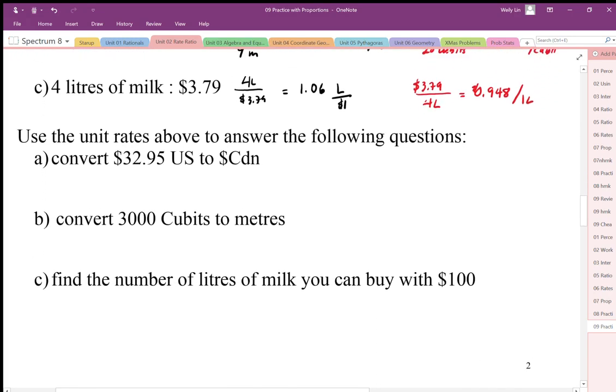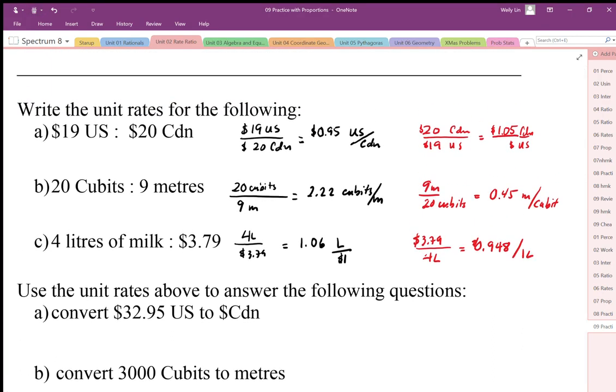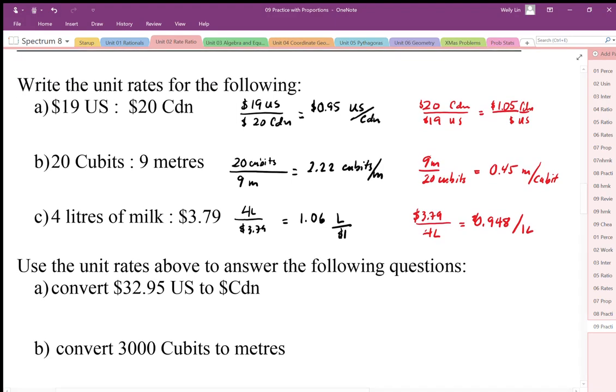So using these rates above, we're going to do these conversions. Okay, and we're going to start using this times strategy a little bit more. And we can use any of these rates, okay, to do this with. So I'm going to start with $32.95, and I'm going to use the $19 to $20 ratio. So I'm going to use this ratio.